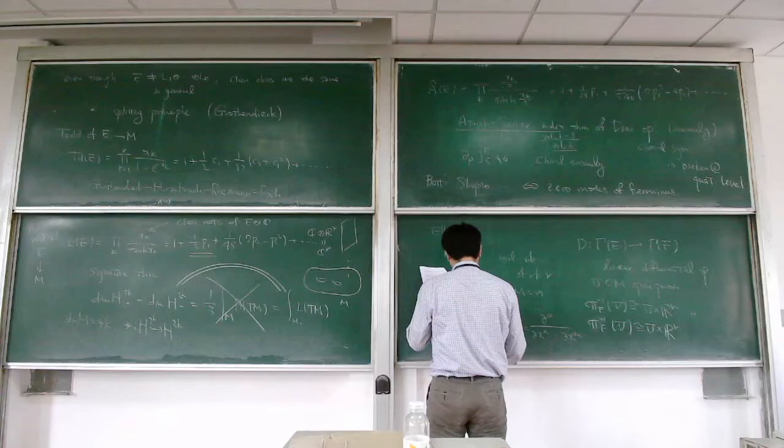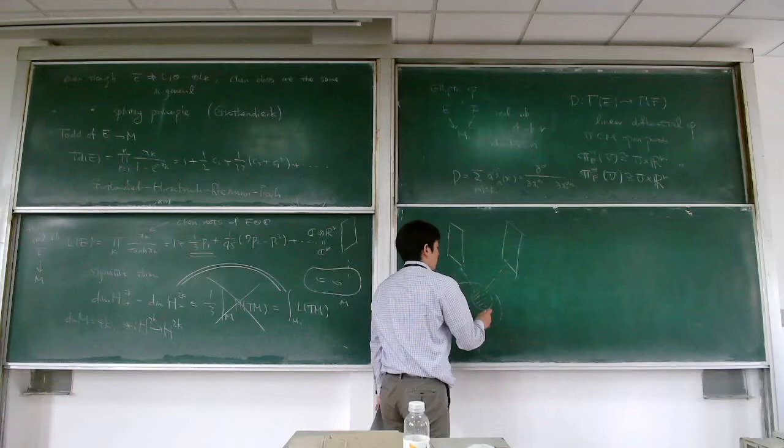Those are the basis of the tangent vectors at the point P, and the fibers are E_P and F_P.